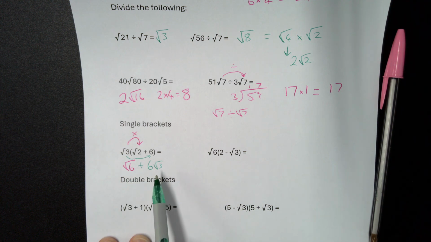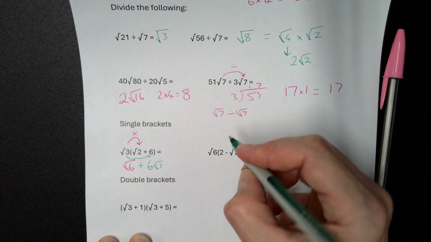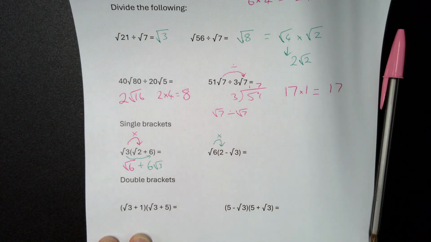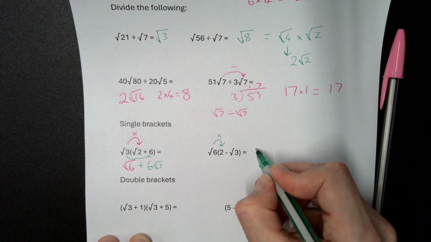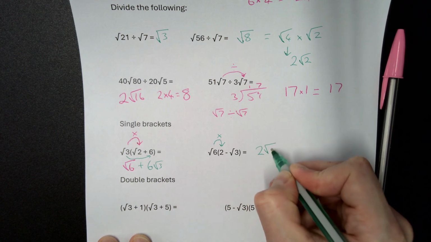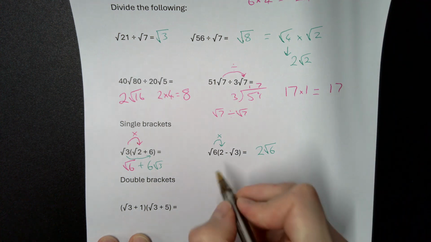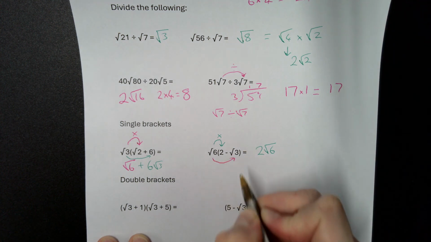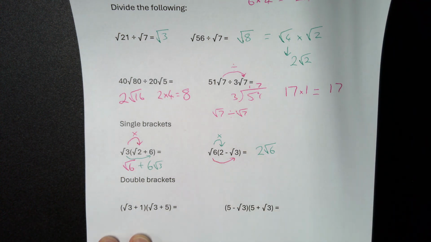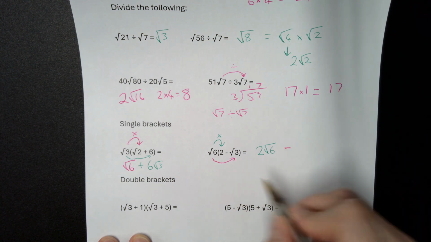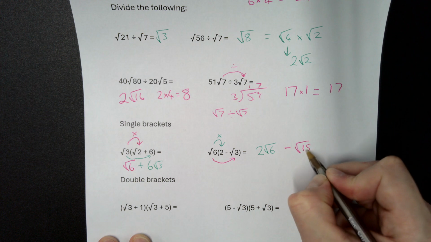Keep them separate. Okay. Same with your next one. We're going to have root 6 times 2. That's not root 12. It is 2 lots of root 6. Then it's root 6 times a minus root 3, which gives us minus root 18.